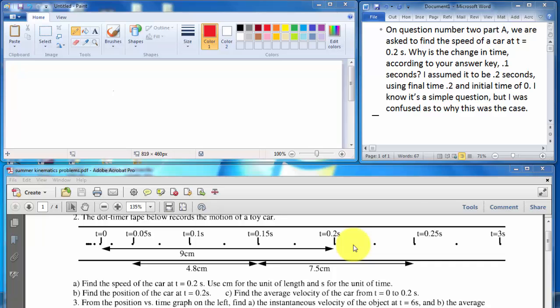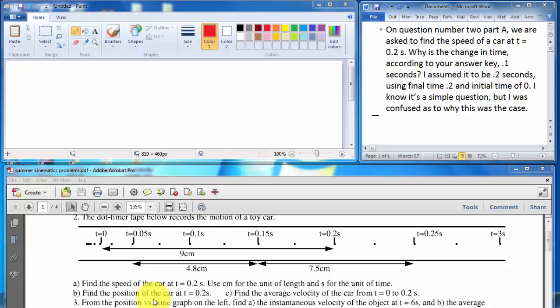And the thing that you need to pick up on in the question itself is down here at the bottom. It says find the speed of the car at t equals 0.2 seconds, and the operative word you're looking for is "at." Okay, that's a really important word. When they want the speed at a location, that means they want the instantaneous speed.